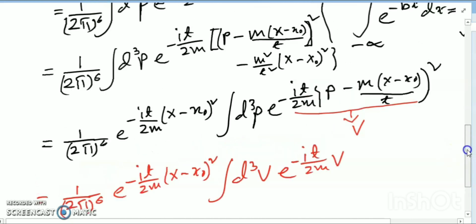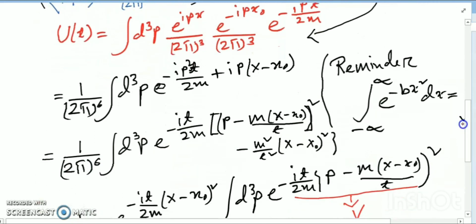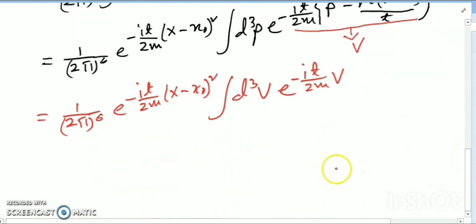So now note how I get this. Complete the square. This step is very important for understanding.